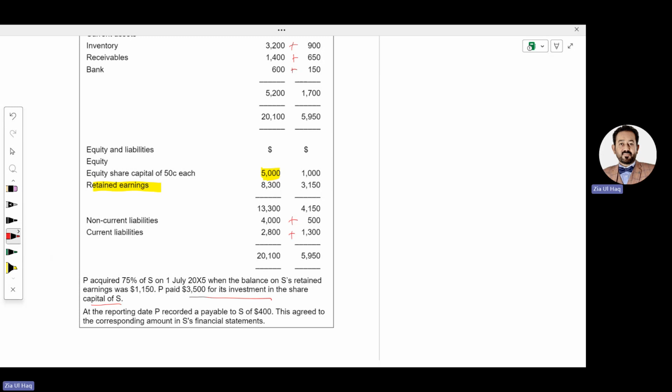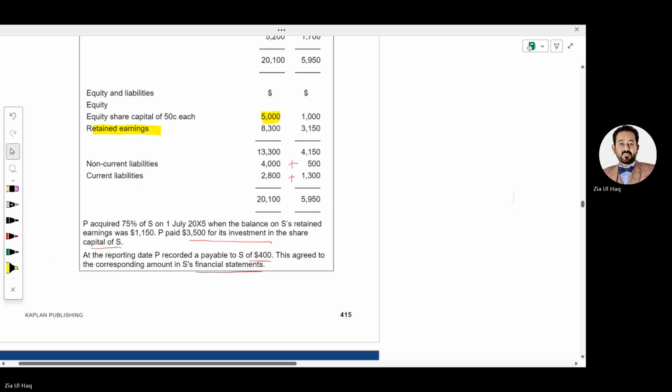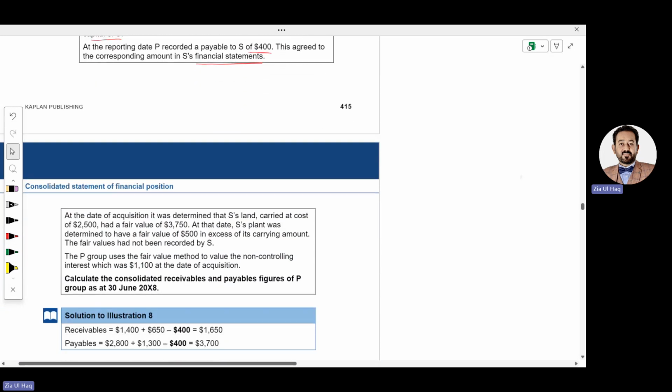At the reporting date, P recorded a payable to S of 400. This means the parent company's books have payables of 400, as the subsidiary has sold goods to the parent company. And this agrees to the corresponding amounts in S's financial statements. Obviously, there will be receivables. So what we need to do, how we can adjust these figures.